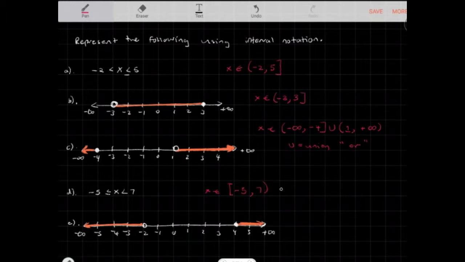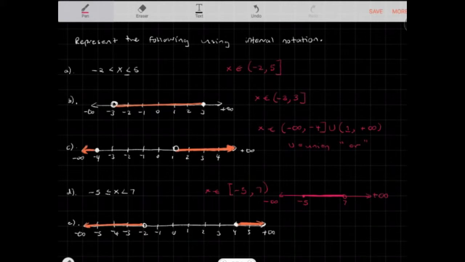If we did draw this out, I'm not going to draw this to scale, but in this case, this point here would be negative 5, and this would be 7. This would be positive infinity. You can see that I'm basically addressing all of this. So it's everything within this interval, and it's not inclusive of 7.